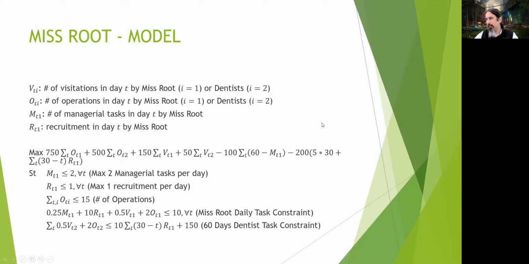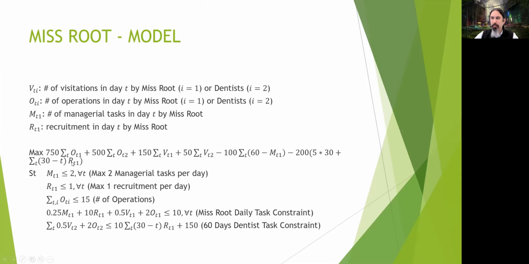And over here are the wages that I pay to the dentist. This is per dentist, 200 per day, and I have a total of 30 days times 5 dentists at the start. This is the number of dentists times the number of days I have available at the initial stage. And then I'm recruiting people, so I have to recruit these as well.